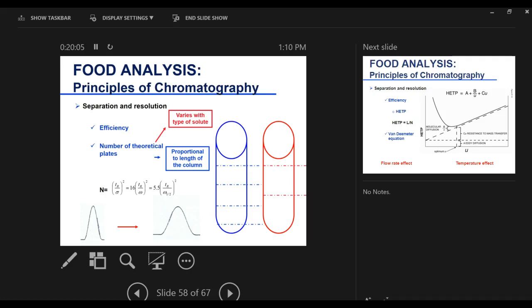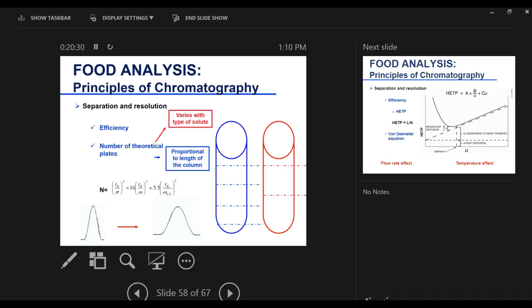That's why your peak is broad. However, if it remains sharp with shorter distance for equilibrium, then it will come out sharp and most likely be separated from the next compound nicely without having a broad peak overlapping another peak.